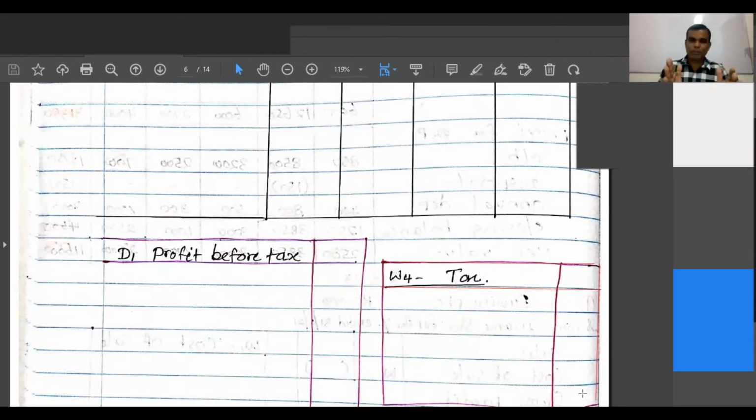When you are preparing, just keep in mind that in the examination, accounting paper 2, the first question is based on company account. It carries 40 marks. It is a compulsory question, 40 marks.